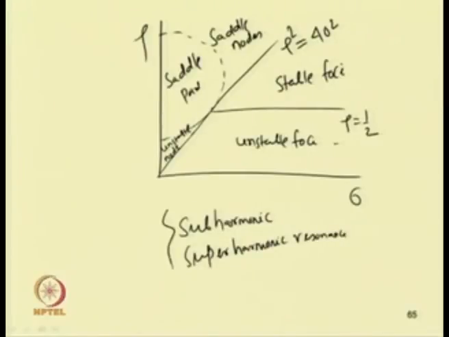This is left as an exercise problem to study the subharmonic and superharmonic resonance condition in case of the self sustained oscillation. Also one can write the forced vibration for a 2 degree of freedom system.